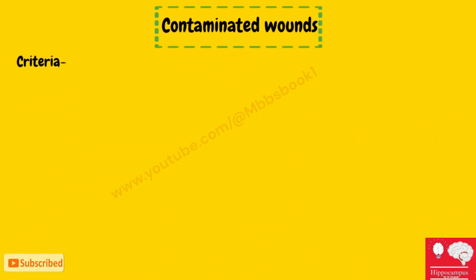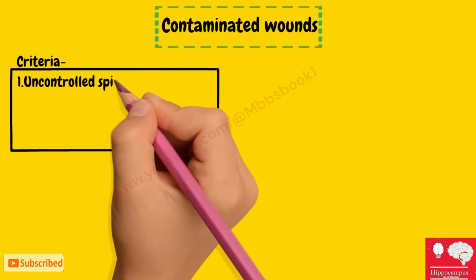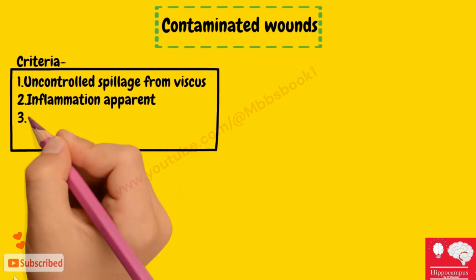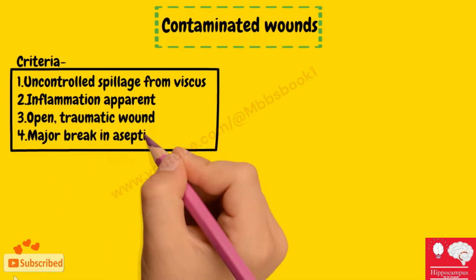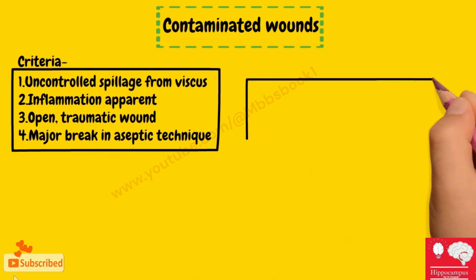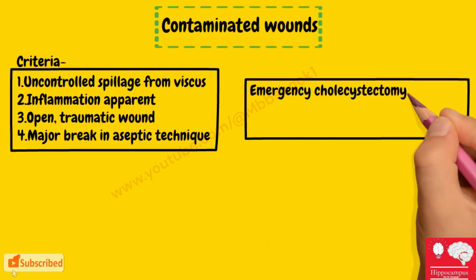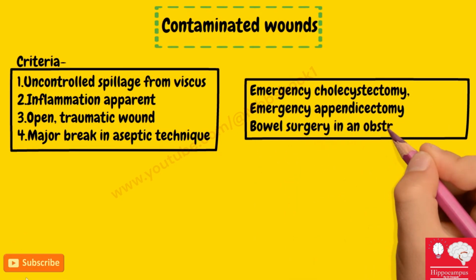So the criteria for the contaminated wounds are: first, uncontrolled spillage from viscus; second, inflammation apparent; third, open and traumatic wound; fourth, major breaks in aseptic technique. And the examples are emergency cholecystectomy, emergency appendicectomy, and bowel surgery in an obstructed bowel.